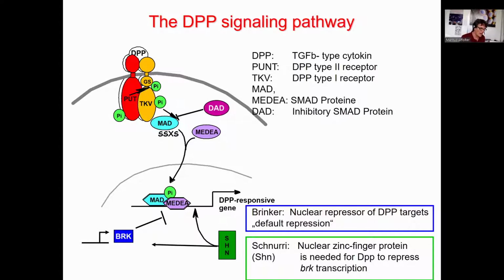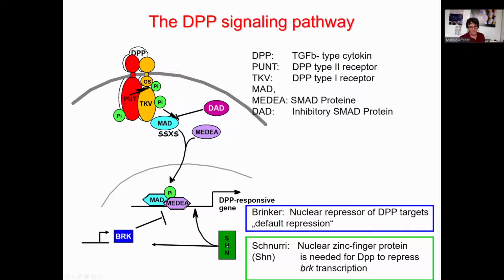So what about Schnurri and Brinker? What do these things bring? And you will see. So I say Schnurri is absolutely required here so that genes can be activated. So either it is working with MAD and Medea to activate, or maybe it represses something that actually represses all of these actions here. So either it activates or it represses a repressor.